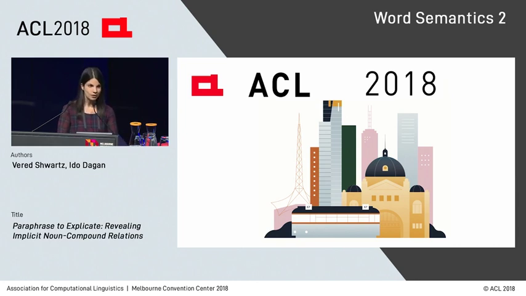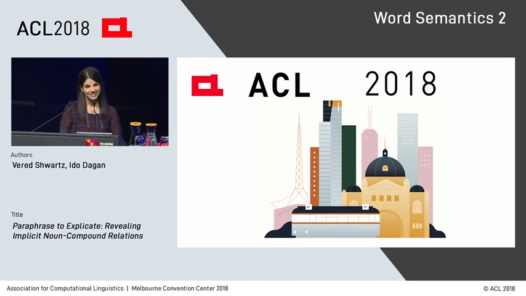And we actually tried to check if it can handle non-compositional compounds or something that is not exactly the sum of its parts. And it's not good at that. You have to first determine that the noun compound is compositional, and then you can explicate that. But if it's not, then just an example off the top of my head, we tried checking what the model says about monkey business, and it just predicted that it's a business that sells monkeys.